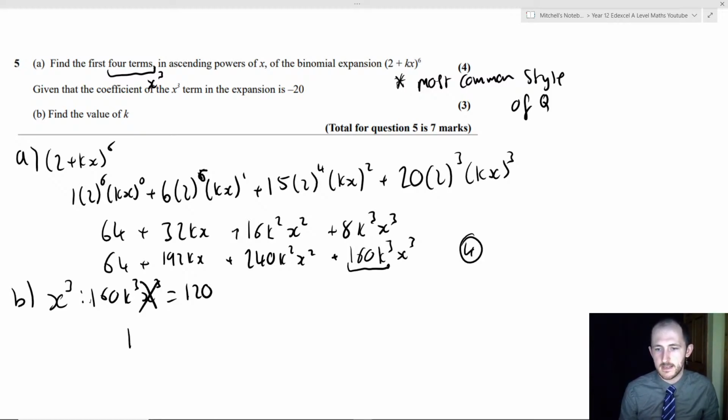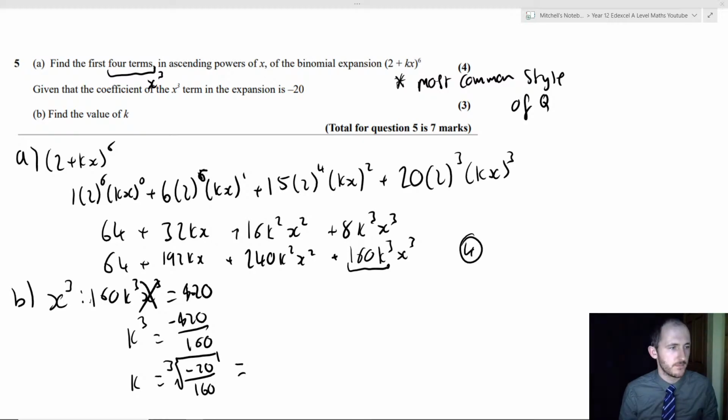So fairly easy, k cubed is just equal to 120 over 160. So k is therefore equal to, so it's actually -20, isn't it? Whoops. The cube root of -20 over 160. And all you do is calculate that value.